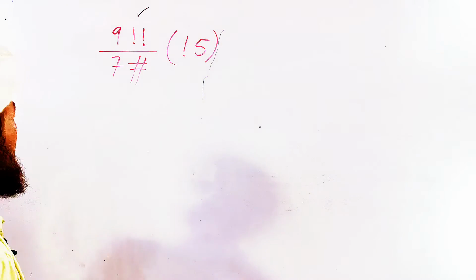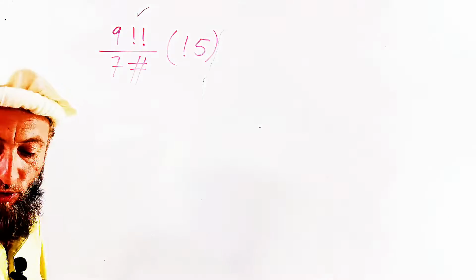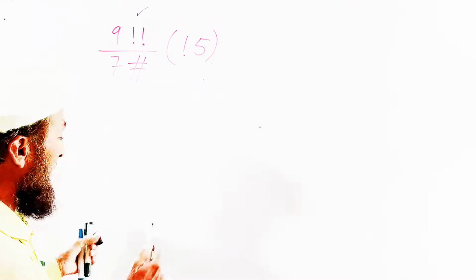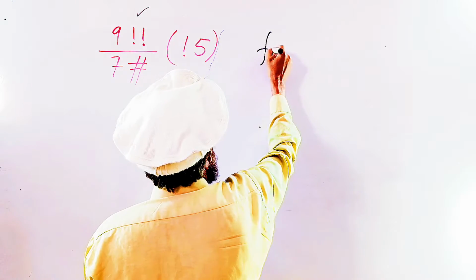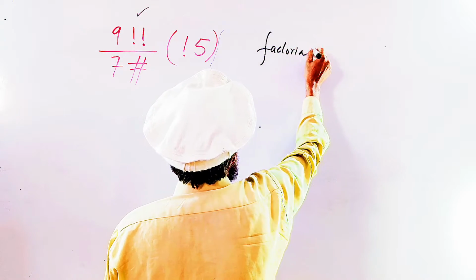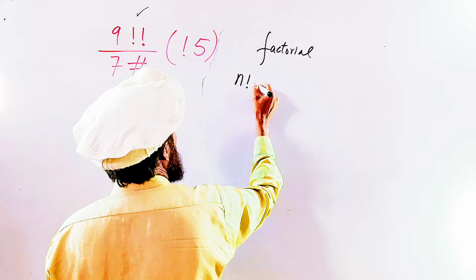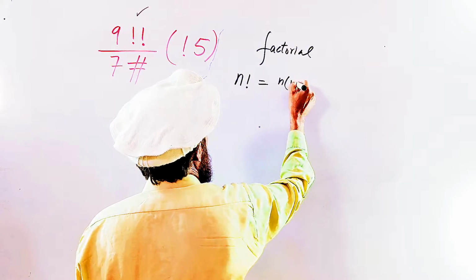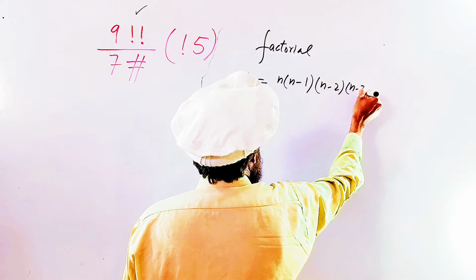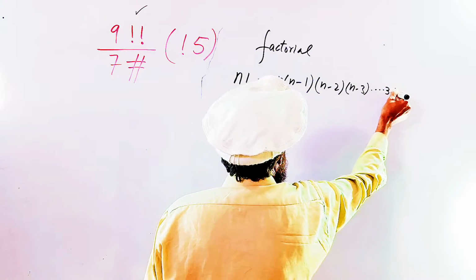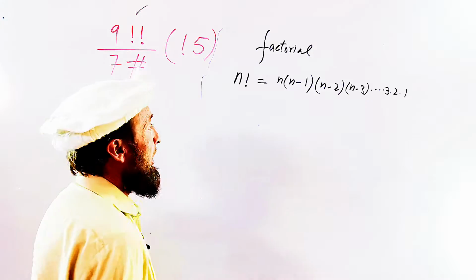First of all, we define the factorial. How can we write the factorial term? Factorial n is the product of n times n minus 1, n minus 2, n minus 3, and so on up to 3, 2, 1.